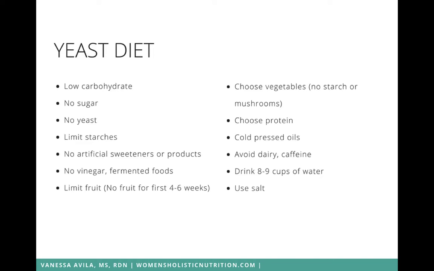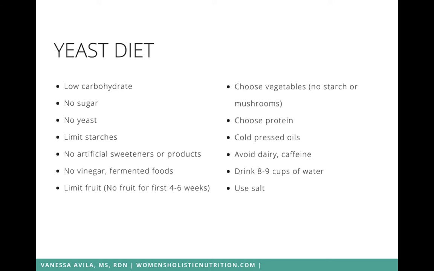Okay, so in the yeast diet, what we want to do is make sure that overall our diet is low in carbohydrates. So carbohydrate is anything that is a fruit, a starchy vegetable like potatoes, corn, any grain, like any tortilla, any rice, quinoa is also carbohydrate, any beans, anything that has sugar, so any soda, any donuts, and any dairy product.